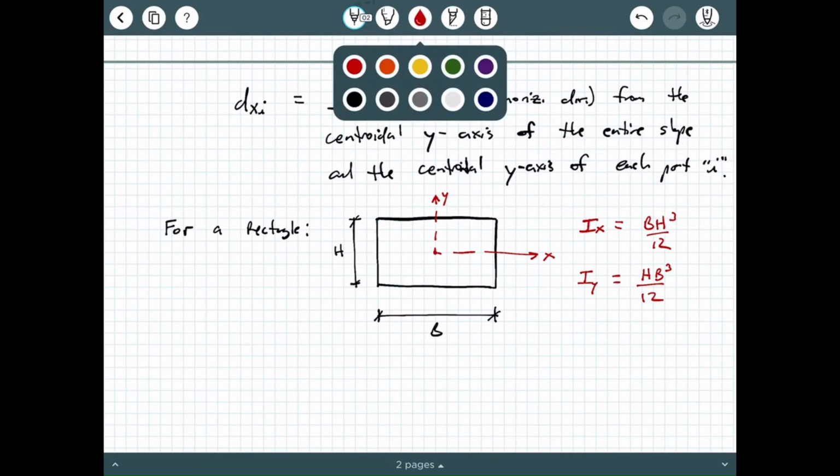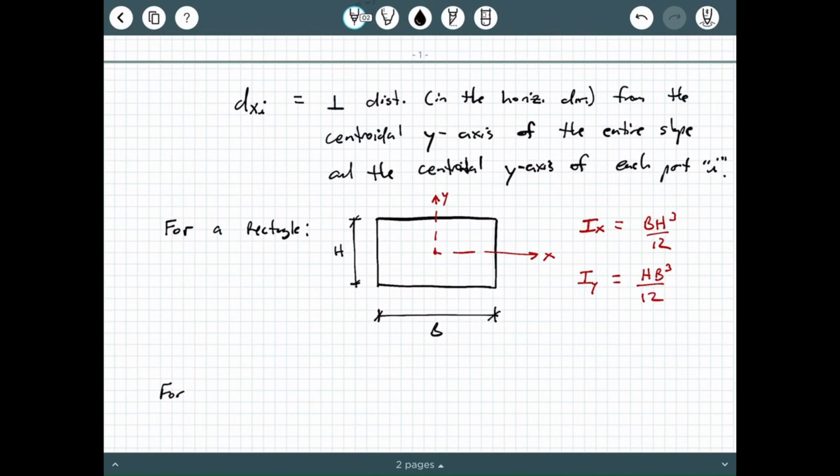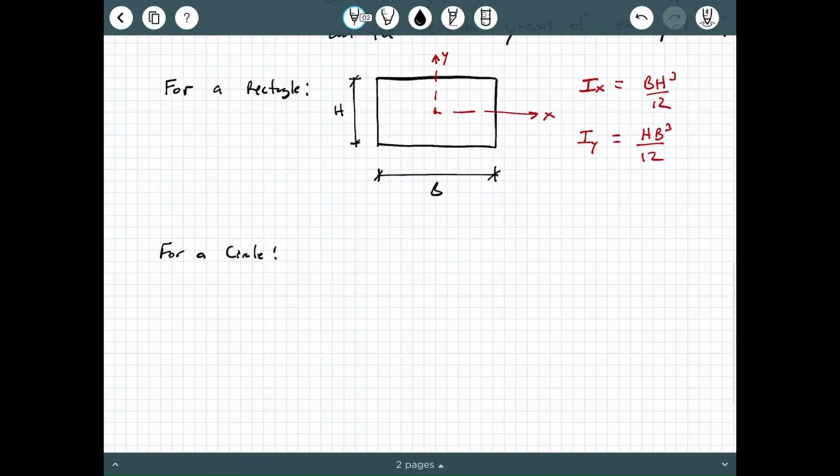What about a circle? Let's look at that. For a circle, of course, that's not my best circle. And let's say the circle has a radius r, okay? And then where are your centroidal axes of a circle? Well, they're right through the middle, of course.